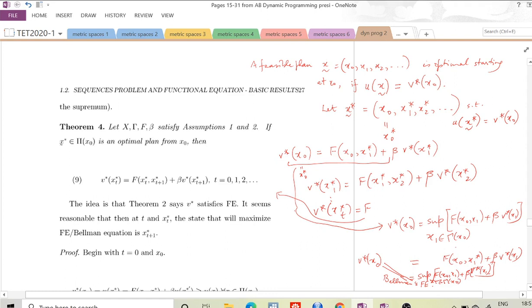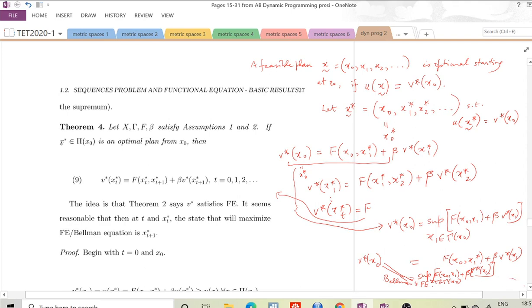So that sounds very reasonable, right? That if I take the sequences optimal plan and I take those x star t's and I plug them into the right hand side, they will attain the supremum of the Bellman equation. Okay.